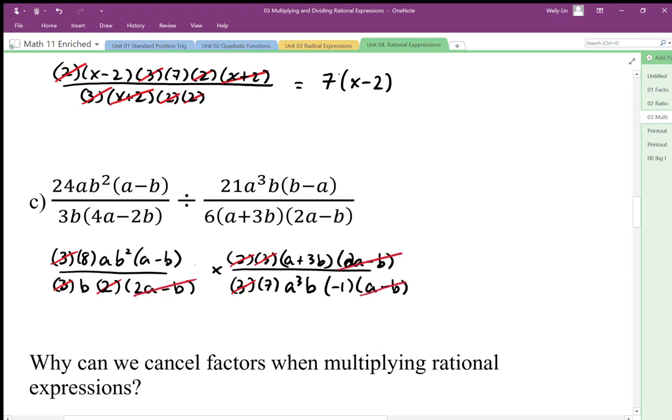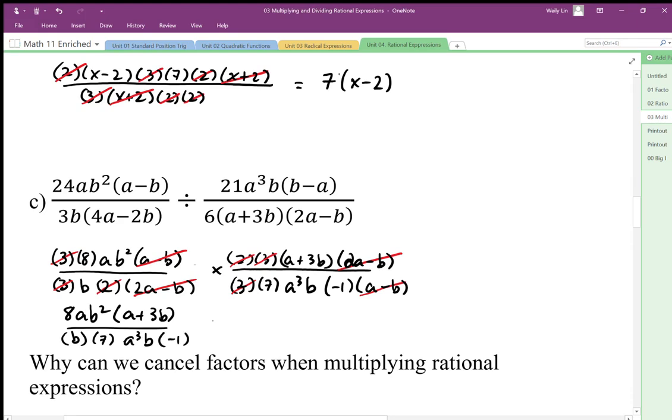I'm getting a lot of work here, so I'm going to simplify this before I cancel again. So I'm going to end up with 8ab squared times a plus 3b, and times 7 times a cubed b, and then there's a -1 factor.